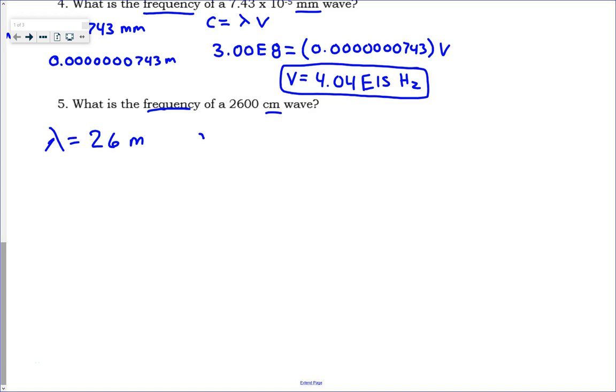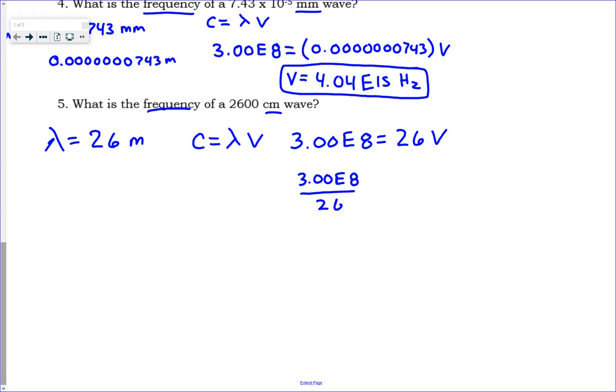And then we know C equals lambda times nu, 3.00 times 10 to the 8th equals 26 times nu. Divide both sides by 26, so 3.00 times 10 to the 8th divided by 26 equals nu, which equals 1.2 times 10 to the 7th hertz.